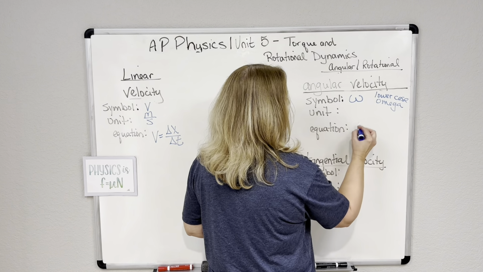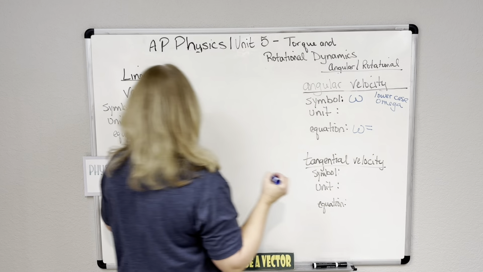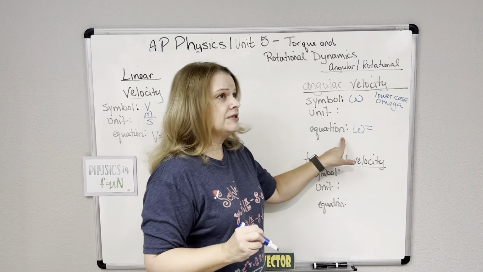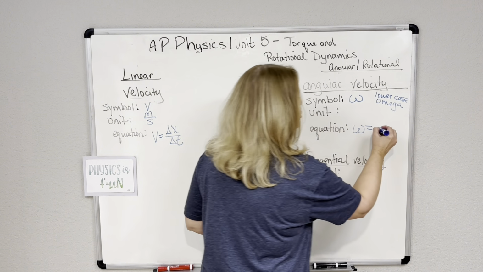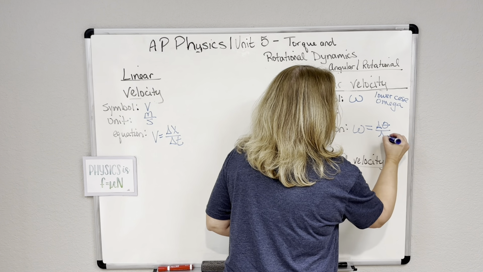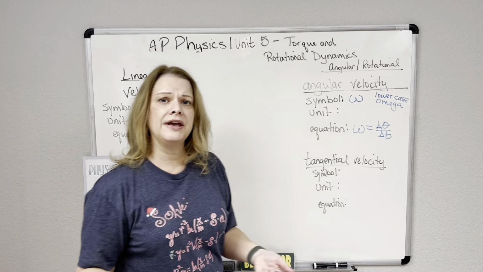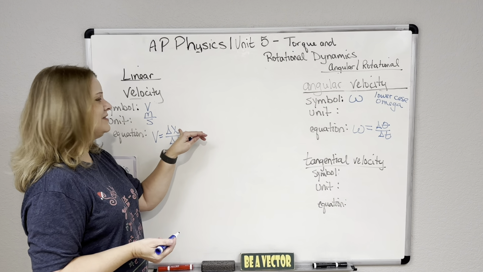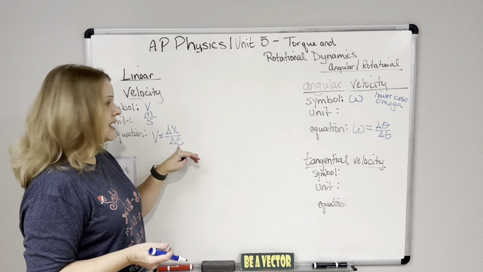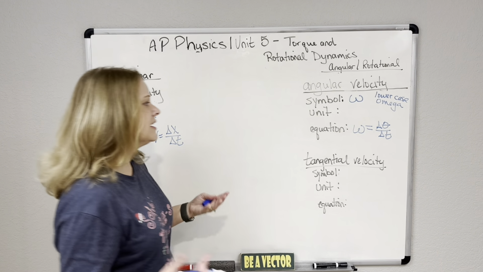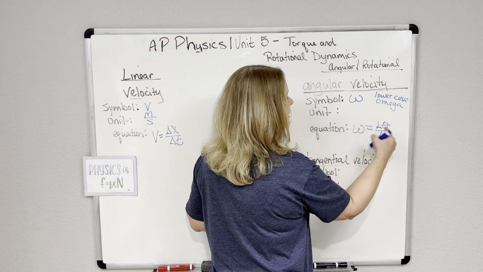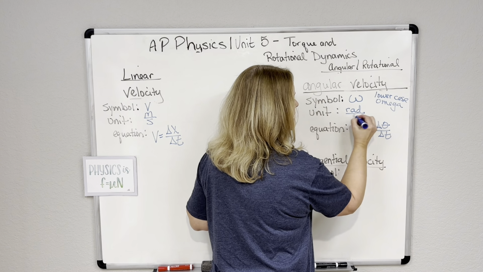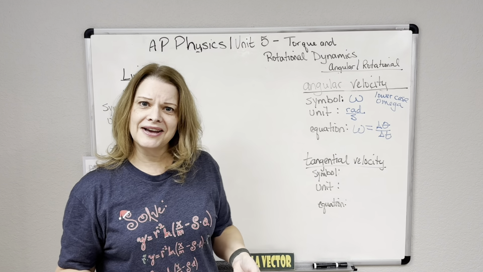The equation, just like velocity was displacement divided by time, is angular displacement over time, which is delta theta. Velocity's displacement was meters and time was seconds, so it was meters per second. For angular velocity, our displacement is measured in radians, and over time in seconds, so it's radians per second.